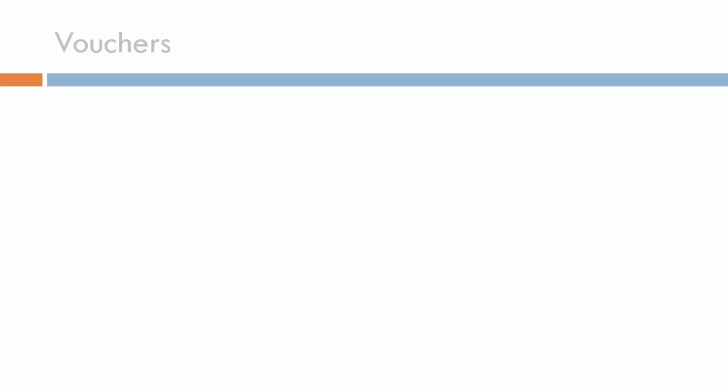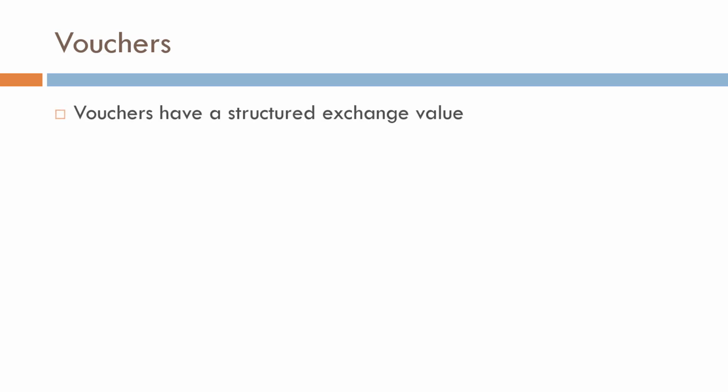The first kind of in-kind I will go over involves vouchers. Vouchers have what's called a structured exchange value. That means that the piece of paper or what have you that is the voucher itself can be exchanged for whatever value is written on that piece of paper, but it has to be exchanged within a structure provided by the entity giving the voucher, which means that it can only be used for specific purposes.